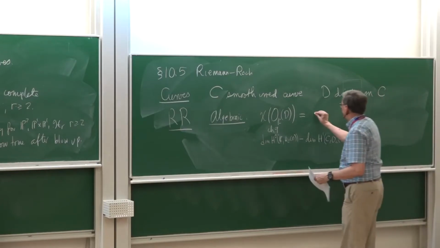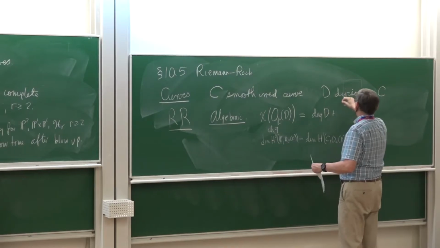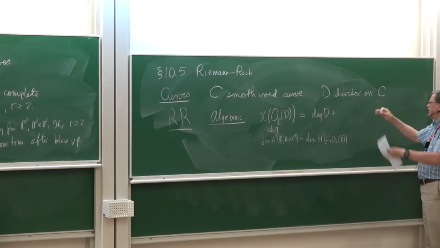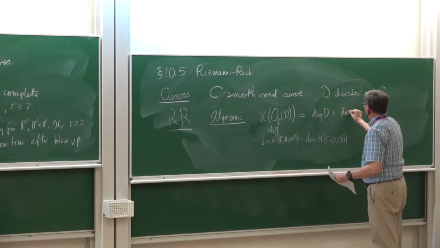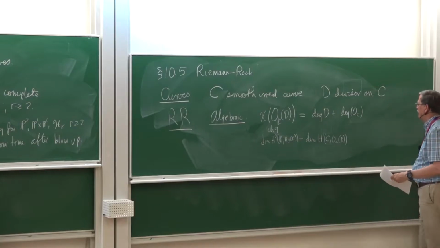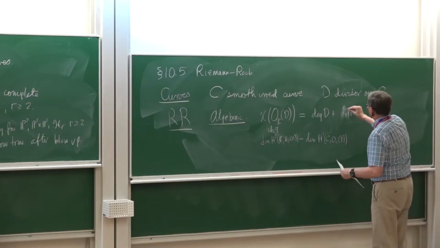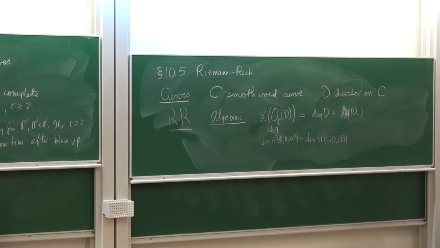And then what it says is that it's going to be the degree of D, because remember in this case, on a curve, a divisor is just a bunch of points with multiplicities, you just add up the multiplicities, and then you get the degree of D plus the Euler characteristic of the structure sheaf. And so that's the algebraic version of Riemann-Roch.